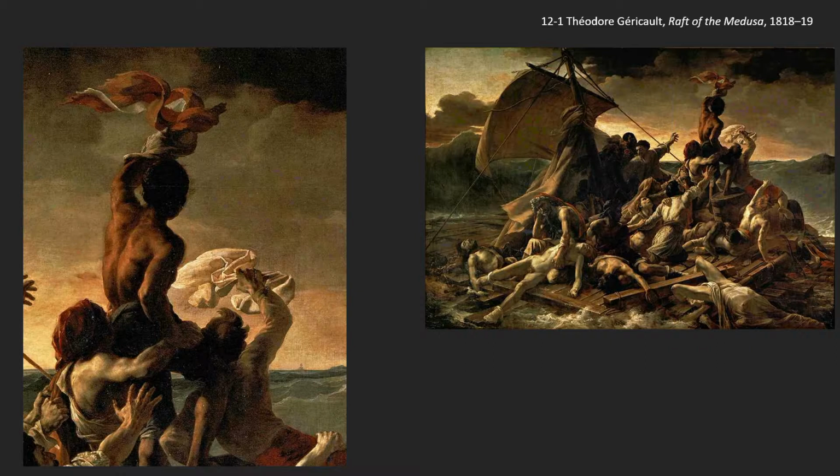There were even instances of cannibalism in order to stay alive for these 12 days at sea, where they would eat the dead in order to remain alive. And again, this inspired this romantic interest in this incredibly dark narrative that eventually ends in something positive, but certainly at this point seems as bleak as can possibly be.